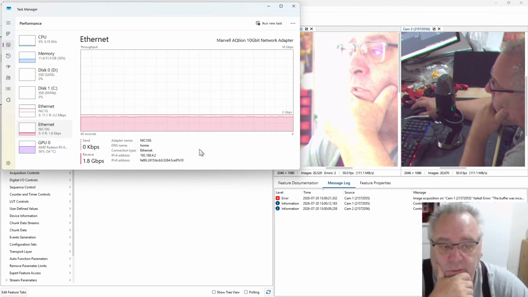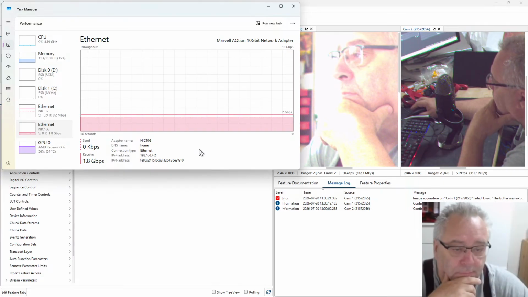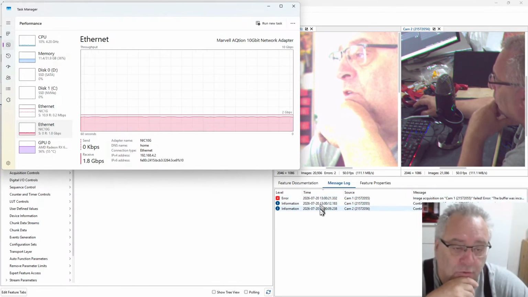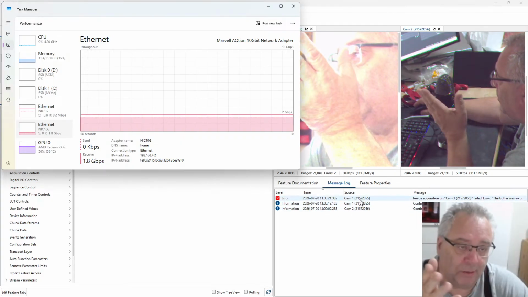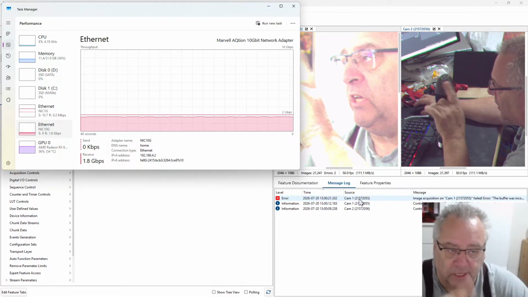So the takeaway is network matters. We don't have any problems at the moment, except with this one frame. So in the software, I still need to make a protection against losing frames.